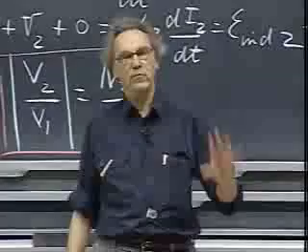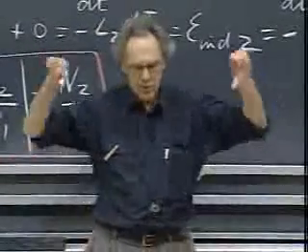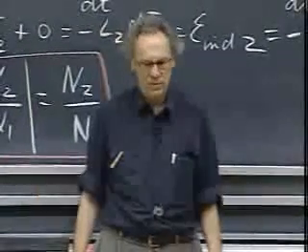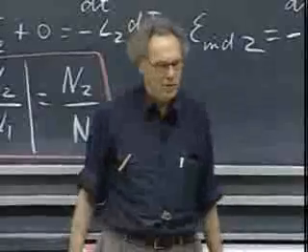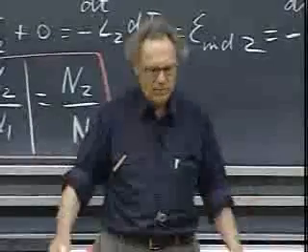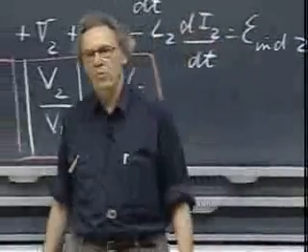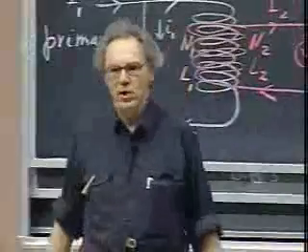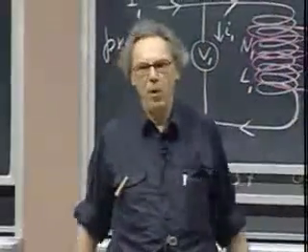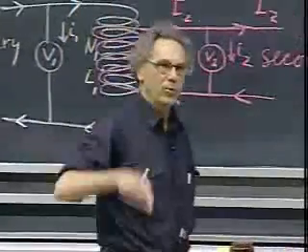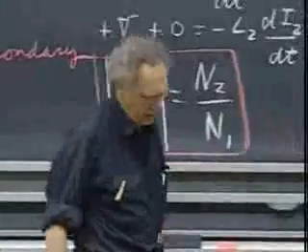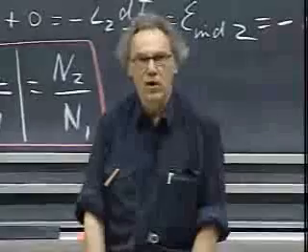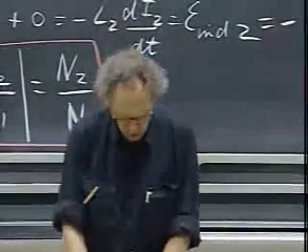So N1 is 25 times larger than N2. So I step it down to 12 kilovolts. But you don't want 12 kilovolts at your home. You want 110, 120 volts at home. So when you look at these power poles outside people's homes, you see again transformers in these power poles, which bring it down from 12 kilovolts to about 120 volts. So there you have a ratio N1 over N2 of about 100.